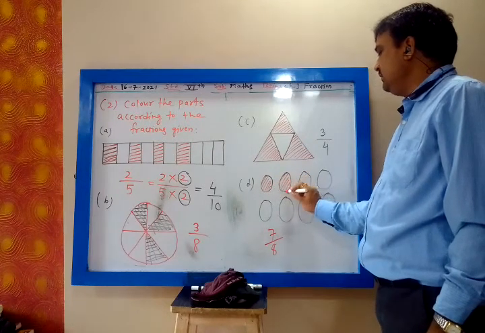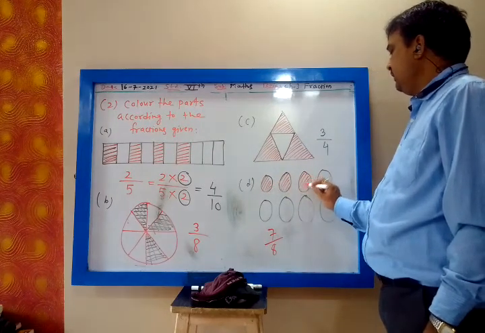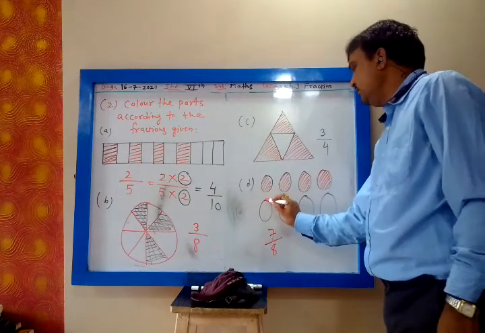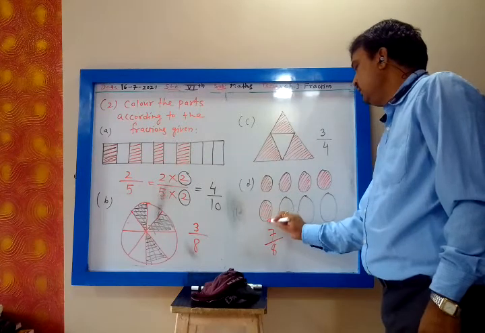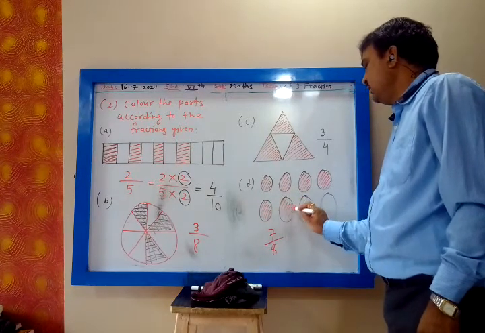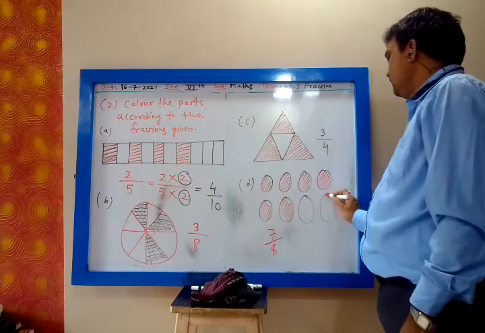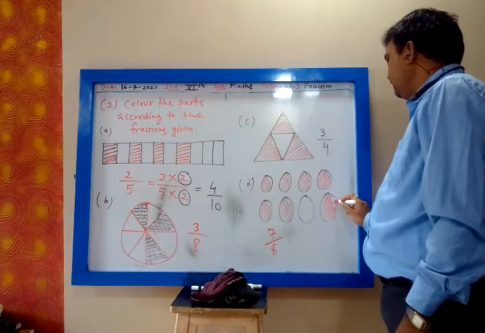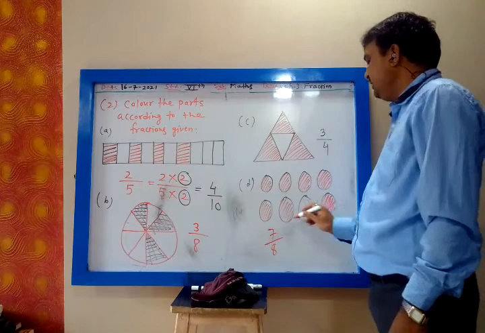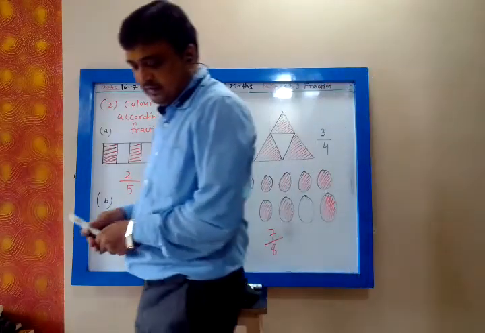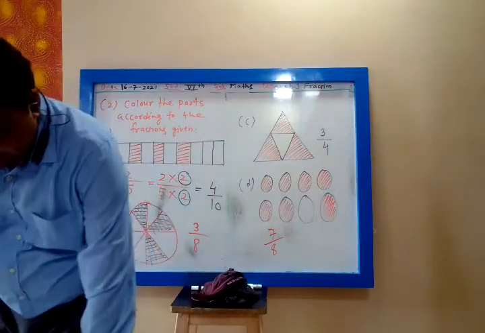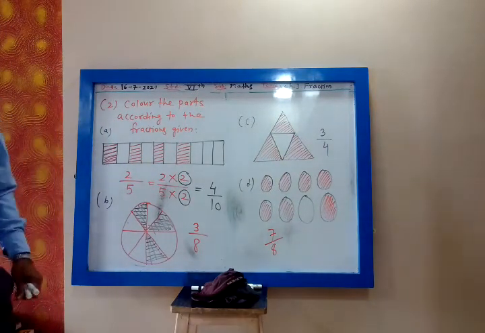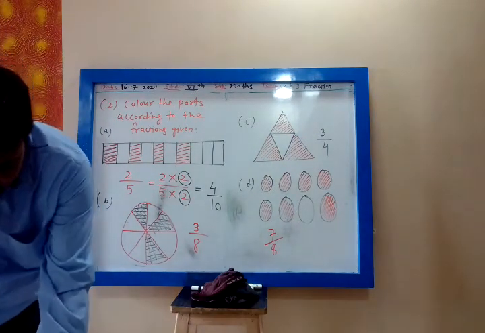Yes, color 7 circles. You can circle this also, no problem. You can leave one. So basically you have to color 7 circles because the fraction is 7 upon 8.